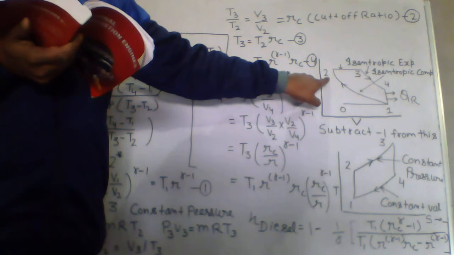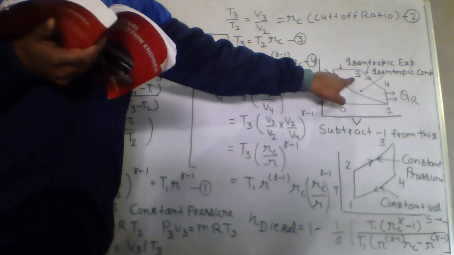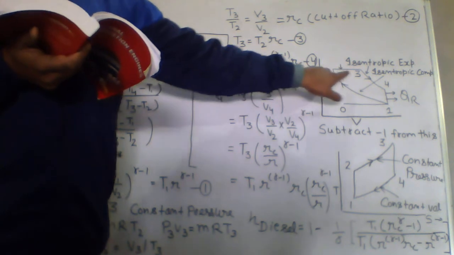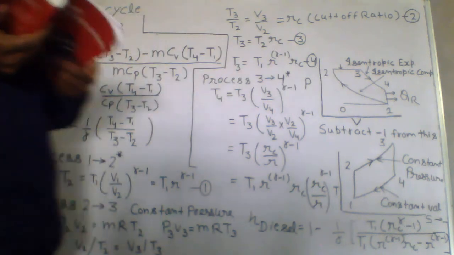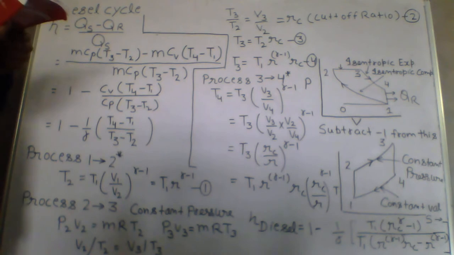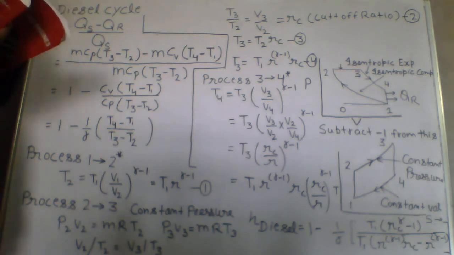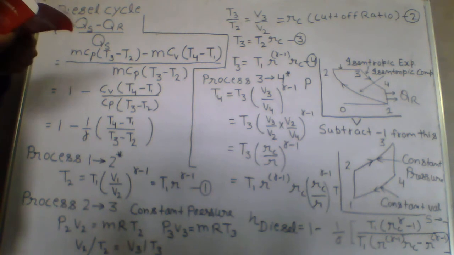From 2 to 3, heat addition is at constant pressure, so P2 and P3 are the same. For this reason, the diesel cycle is often referred to as the constant pressure cycle. It is better to avoid this term as it creates confusion with Joule's cycle.